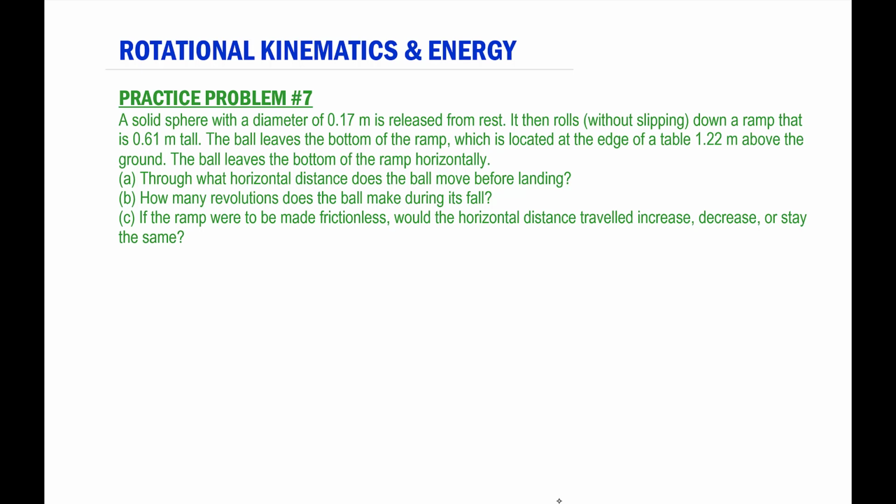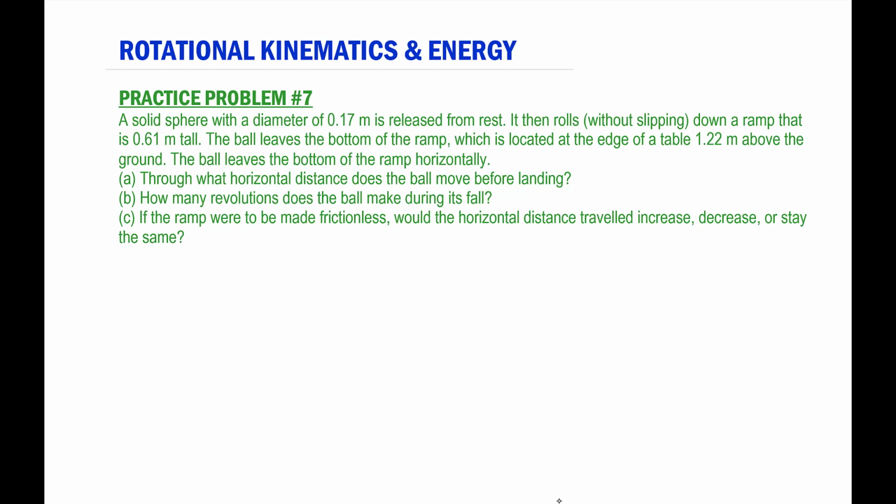So step number 1, we really do need a diagram for this, and we really want to state all of our known values. There also seems to be more than just an initial and final stage. There's an initial stage where you're letting go of the ball from rest and it rolls down the ramp, and there's this intermediate stage where the ball is launched from the end of the ramp off the table. So we'll call this the launch phase, and then at the end you do have your final phase where it just reaches the ground.